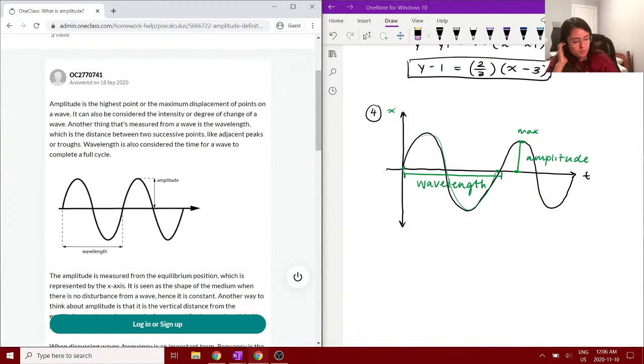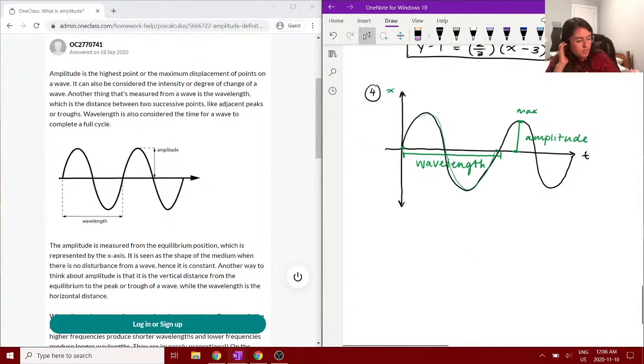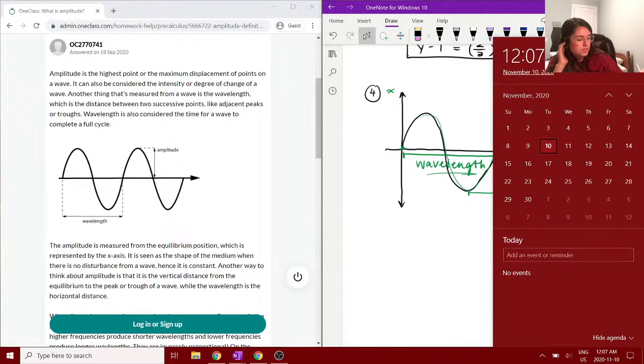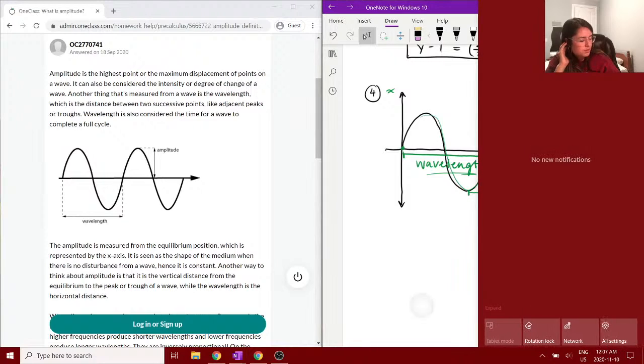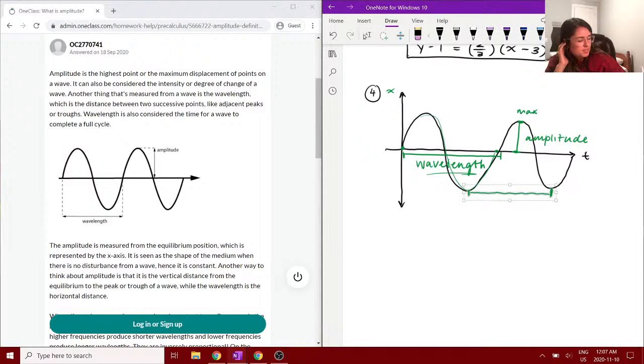Another thing that's measured from the wave is the wavelength, which I have labeled here. That is the distance between two successive points, like adjacent peaks or troughs. So from this trough to this trough, this is also considered the wavelength. This should be the same distance.